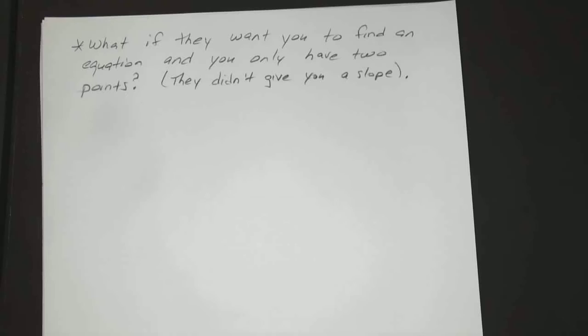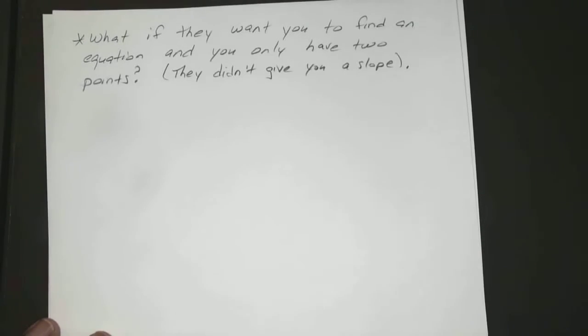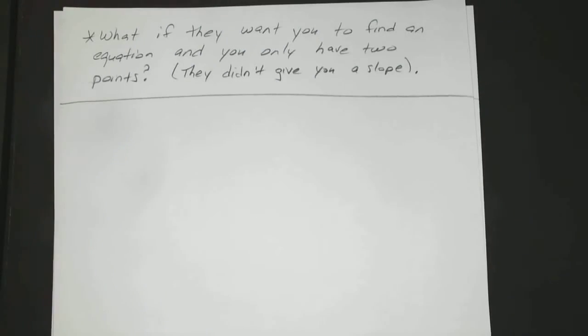Okay. Now remember, you can actually find the slope if you have 2 points. So if they give you 2 points, all you have to do is first find your slope and then plug one of those points in for your x1, y1. Okay.